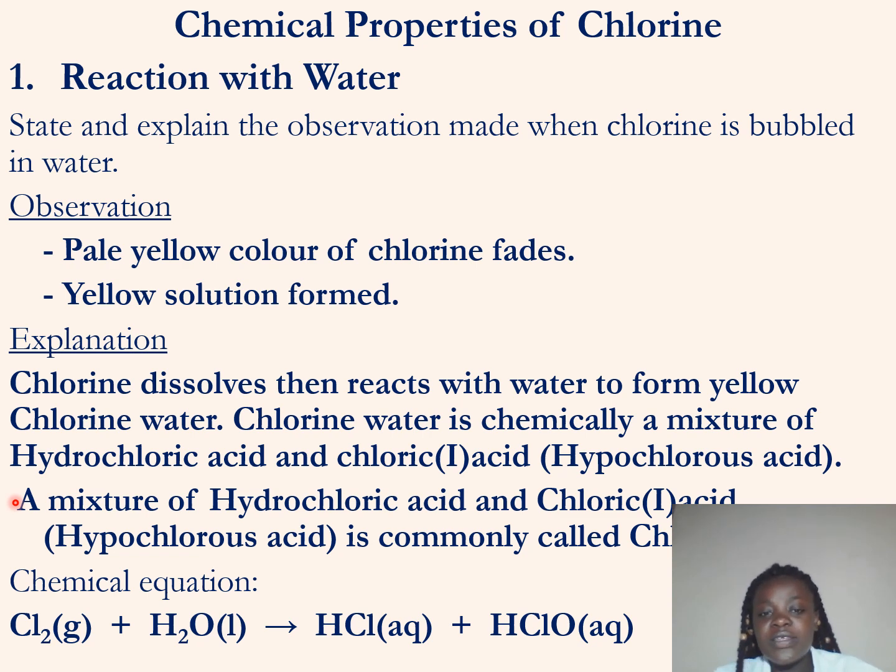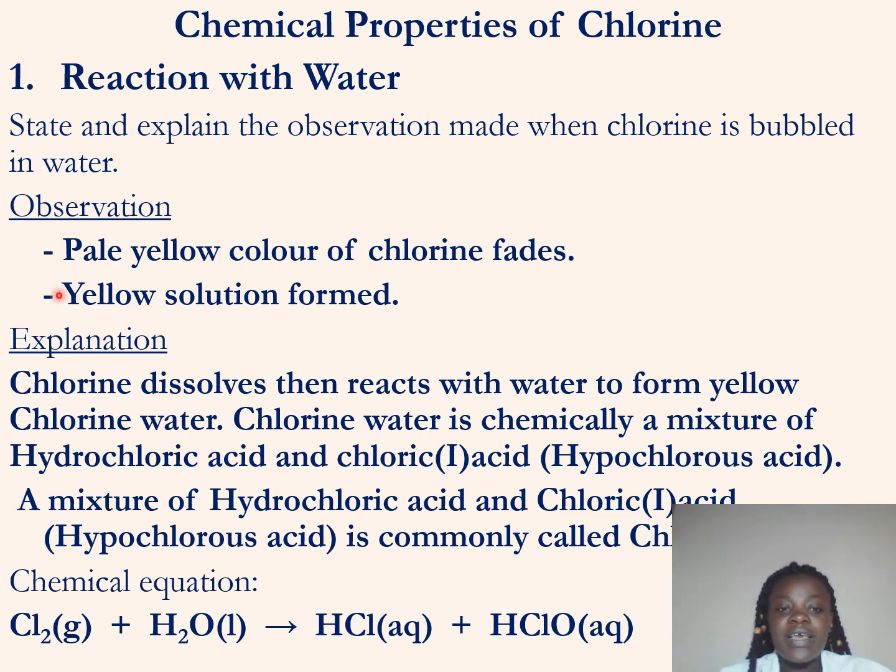So when chlorine dissolves in water, it forms a solution that we call chlorine water. And we said, I repeat, chlorine water is a mixture of two solutions, that is hydrochloric acid and hypochlorous acid, or what we are referring to as chloric 1 acid.